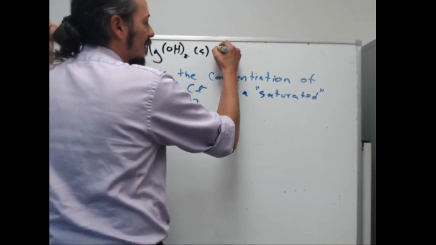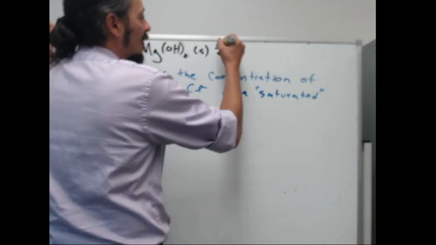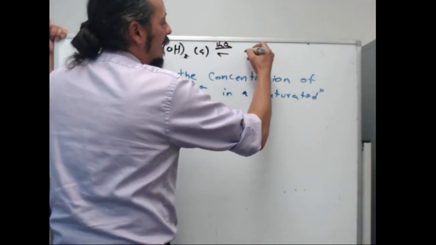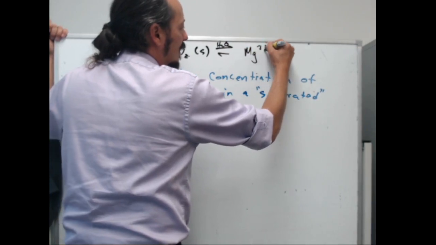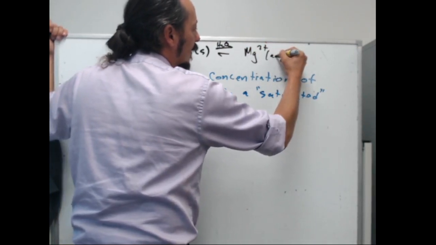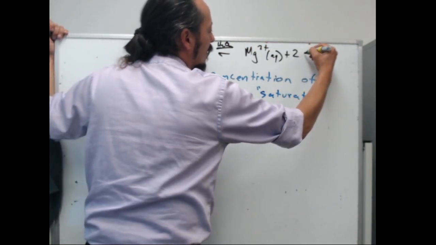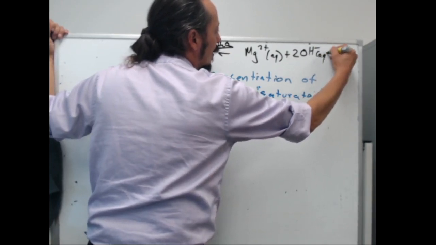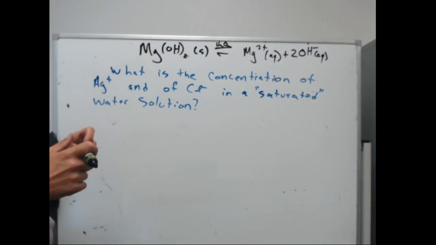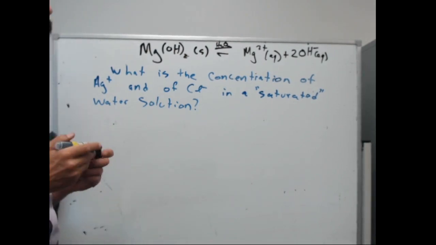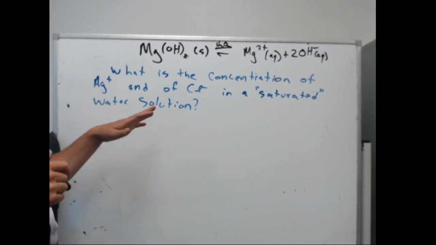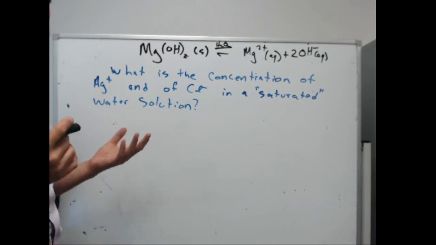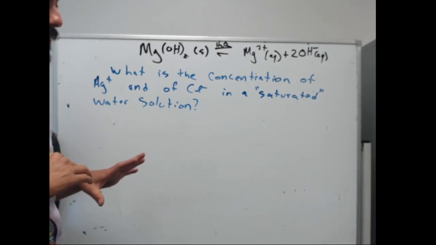Magnesium hydroxide is a solid. If we put that solid into water, it will dissolve into magnesium 2+ and OH minus, 2 OH minus. How much it dissolves now becomes the question, right? We just saw silver chloride, which barely dissolves.